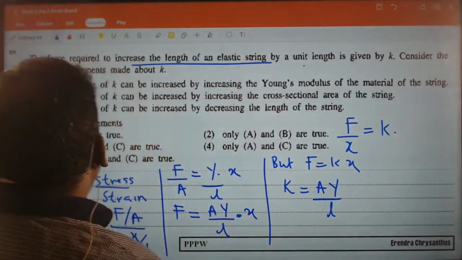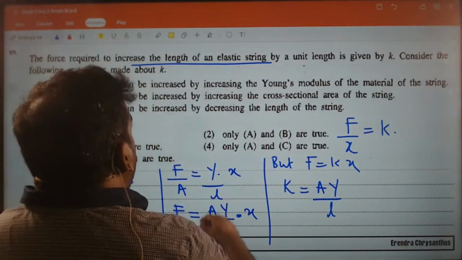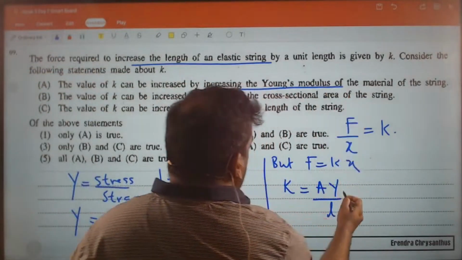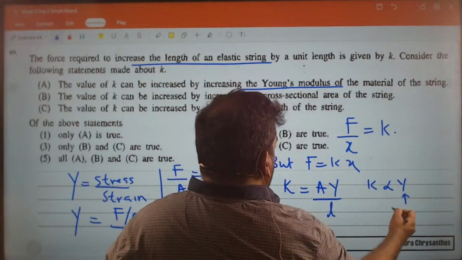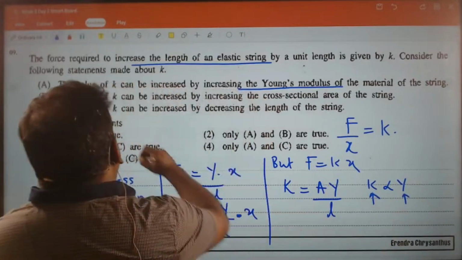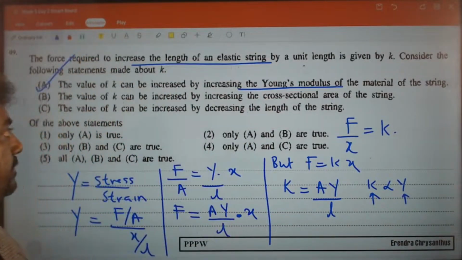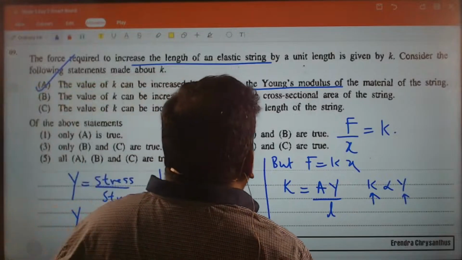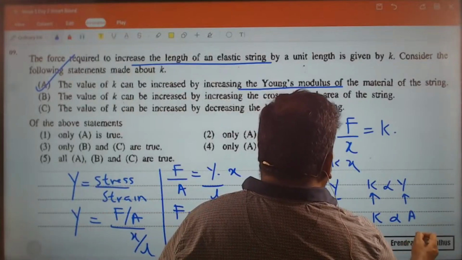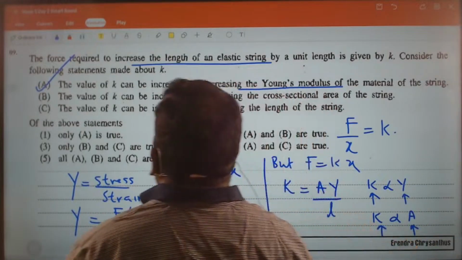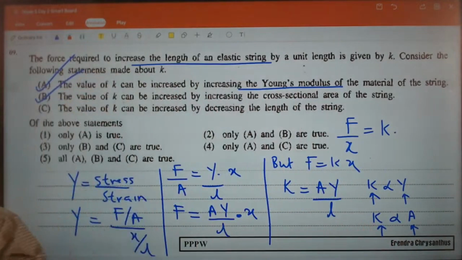Look at the board now. The value of K can be increased by increasing the Young's modulus, correct? K is proportional to Young's modulus. Young's modulus increases, K increases. A statement is correct. Next one. Value of K can be increased by increasing the area. K is proportional to area. Area increases, K increases. B correct.